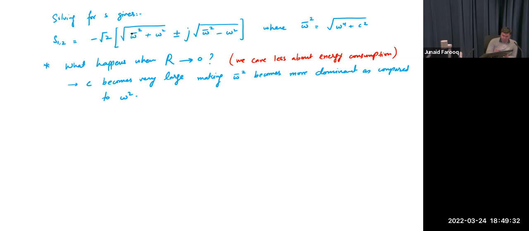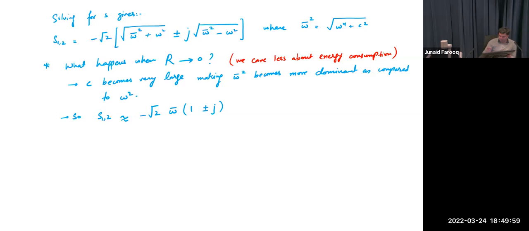This term becomes large as compared to this. Then what happens is s1,2 is approximately minus square root of 2 omega bar, 1 plus minus j.